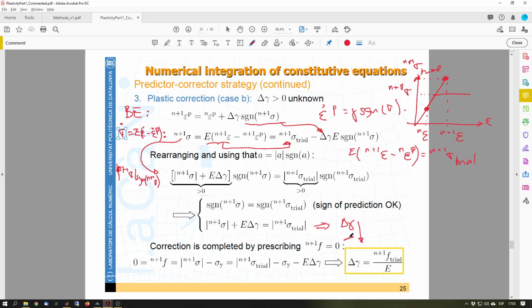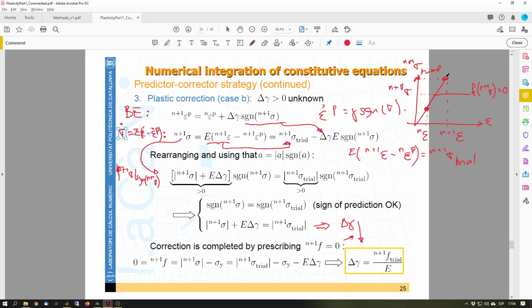we must remain in here, so it means that my f n plus 1 of sigma must be equal to 0, and f by definition, we know it is the absolute value minus sigma y, and sigma n plus 1, the norm, we had it also here, so we replace and we have delta gamma.